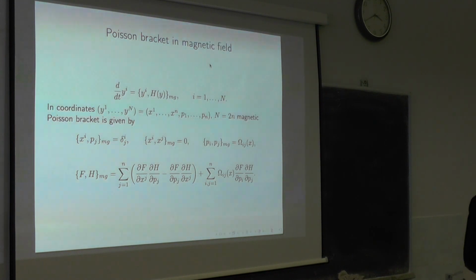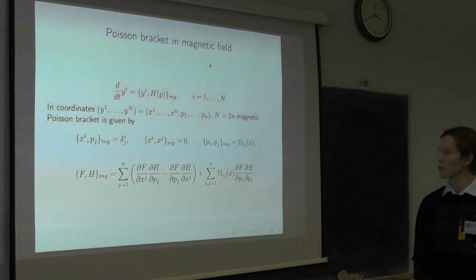But one may consider the following problem: the problem of integrability of geodesic flow in a magnetic field. The Poisson bracket in this case looks like this. Our momenta are not commutative anymore with respect to the Poisson bracket.